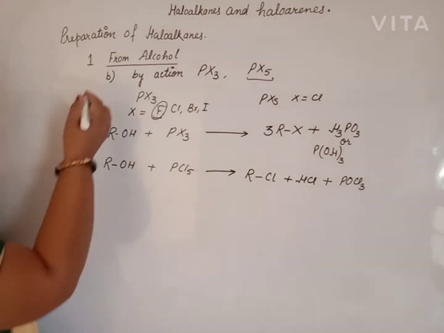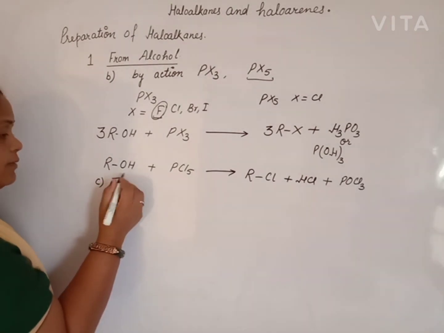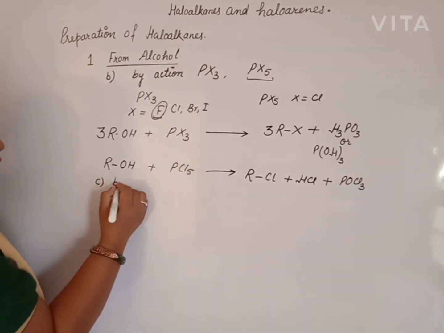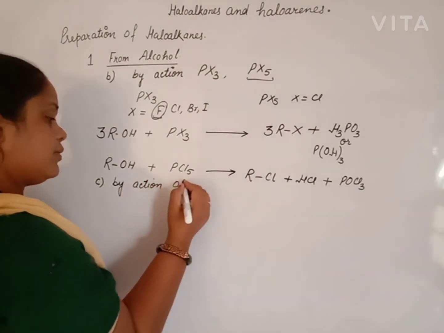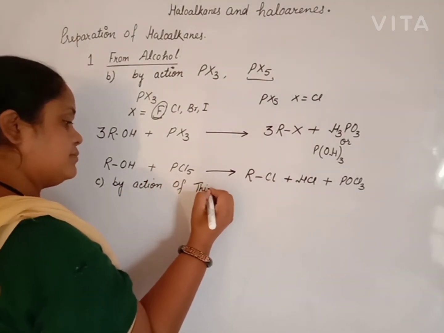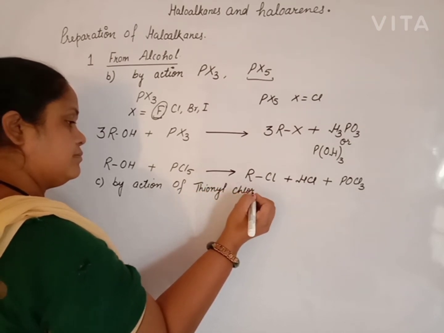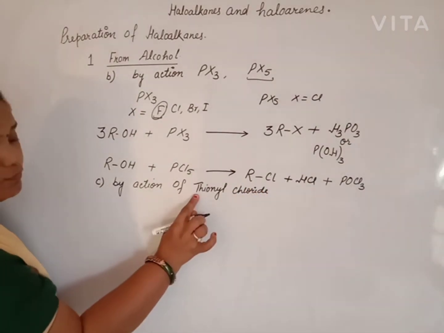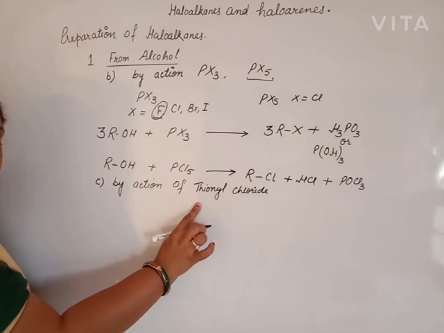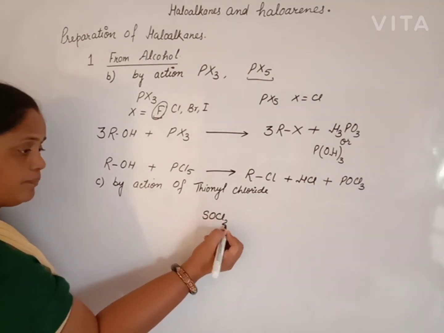Now next part, that is from thionyl chloride, by the action of thionyl chloride. The word thio is used only for sulfur. Formula of thionyl chloride is SOCl2.